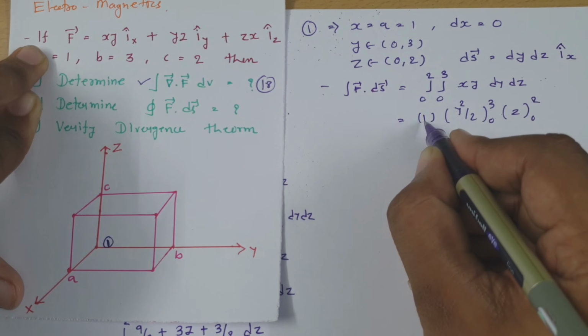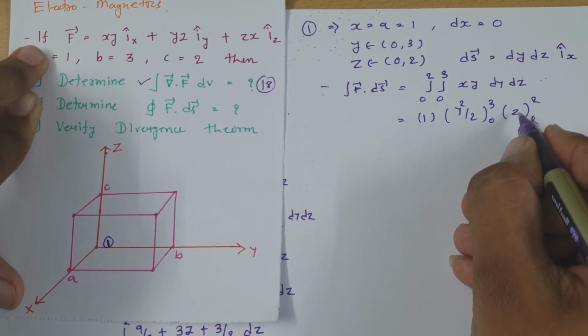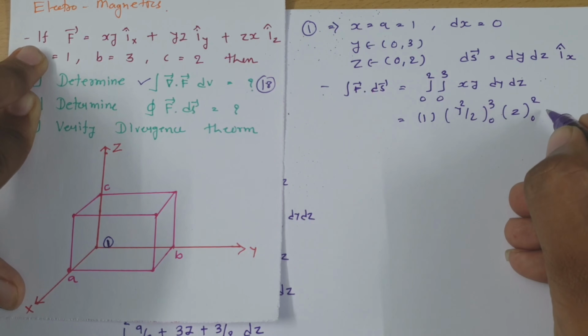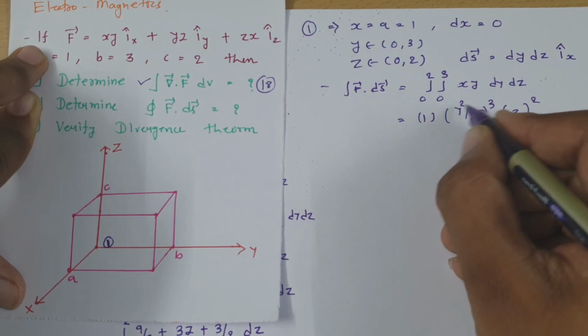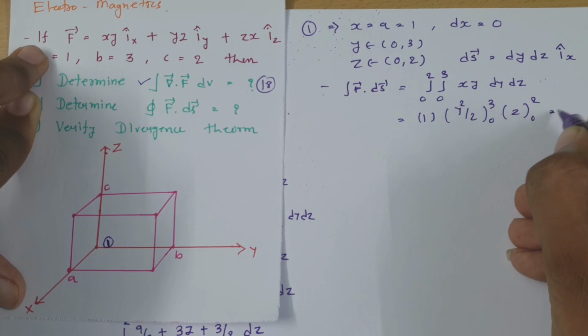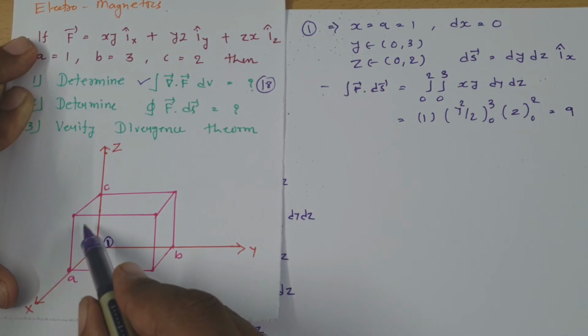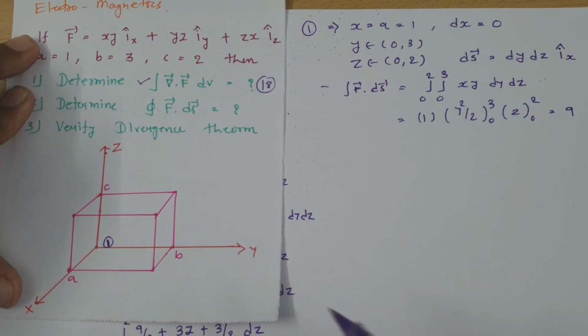If you place this, 1 into 9 by 2 into 2, the 2 will get cancelled and this will be 9. So the surface integration of the first surface is 9.